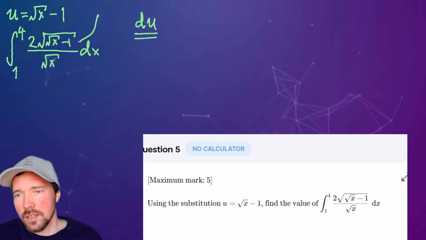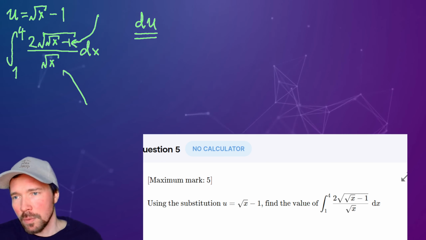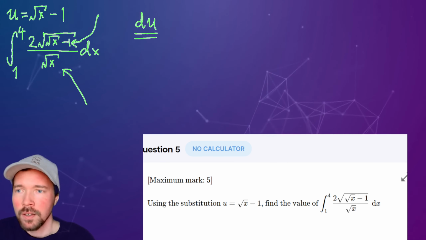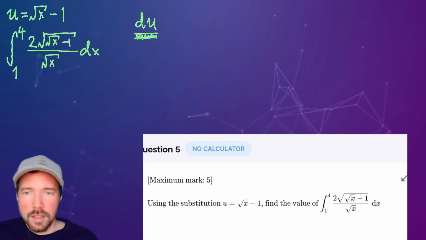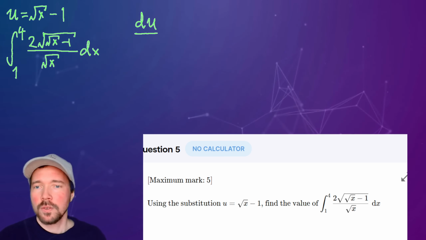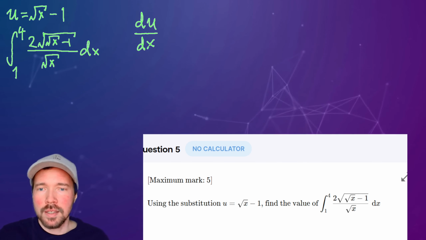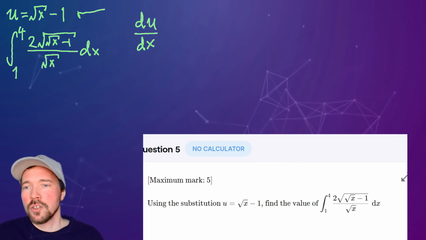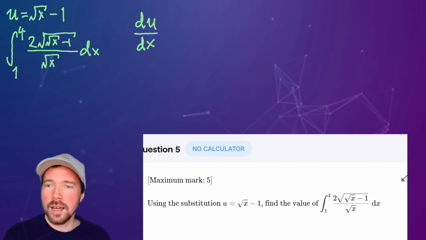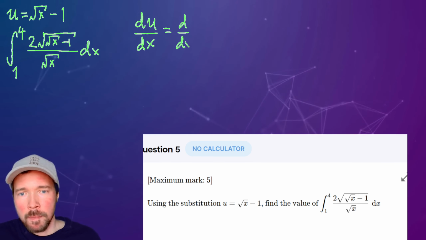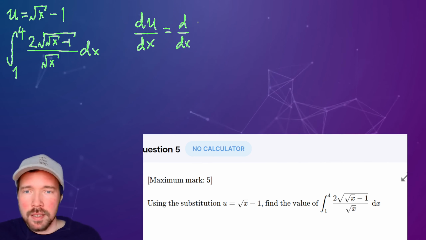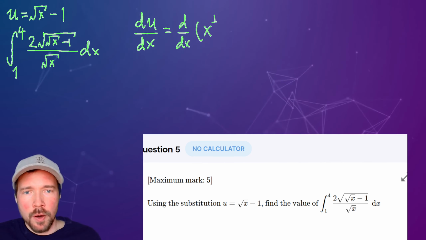Well, clearly there is u in this square root, and there's going to be u plus 1 in the denominator, but the most important thing is to figure out du. Now, du by dx is the derivative of this function with respect to x, and that function can be easily rewritten as x to the power half.